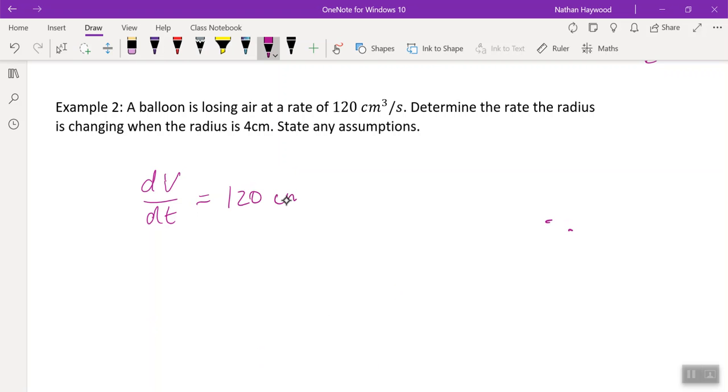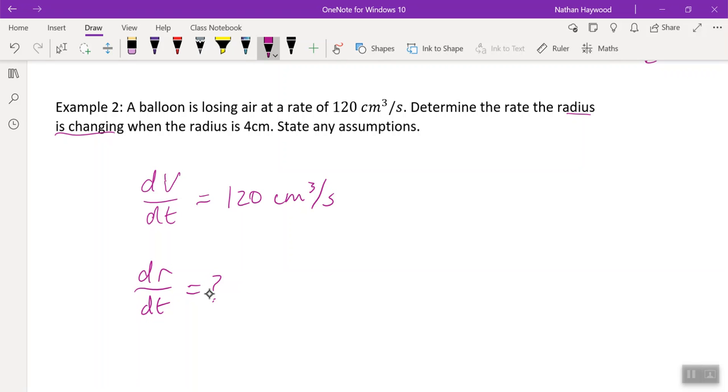So it gives us that one. It wants us to find dr dt, the radius is changing, which is the radius over time, when the radius is 4 centimeters. Yeah, so if it doesn't specify, determine the rate the radius is changing, it means time.